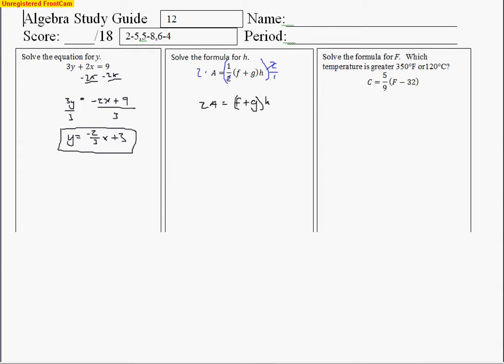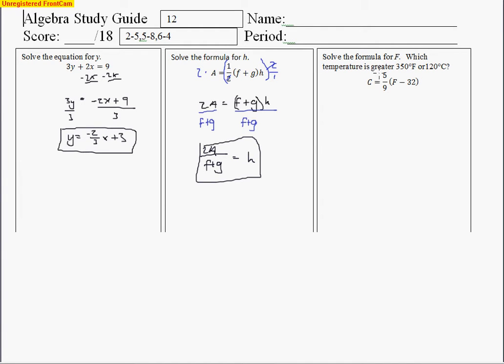So from that point, I'm ready to divide by f plus g because that's what I need to get rid of to get h by itself. And I'm left with the answer of h by itself. So you can see how h is now by itself, with the product of 2 and a on top. Down below the fraction, I've got that sum of f plus g.